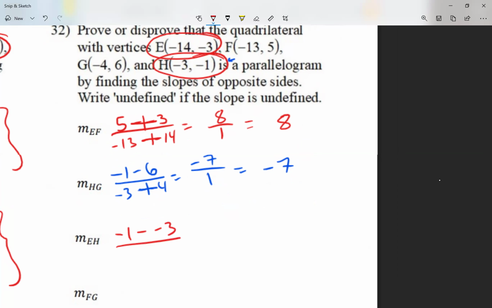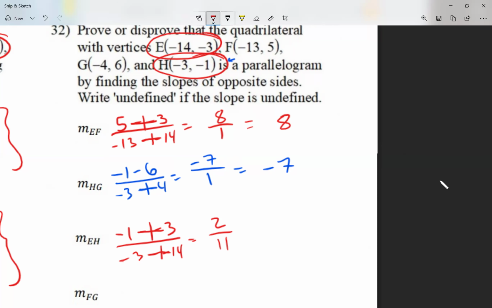At the bottom, let me subtract the X's. -3 minus a -14. Now I know here on top that becomes a plus. -1 plus 3 is 2. I know this becomes a plus sign. -3 plus 14 is 11. My slope is 2 over 11. Sometimes it might happen, if there's a negative sign, bring it to the front.